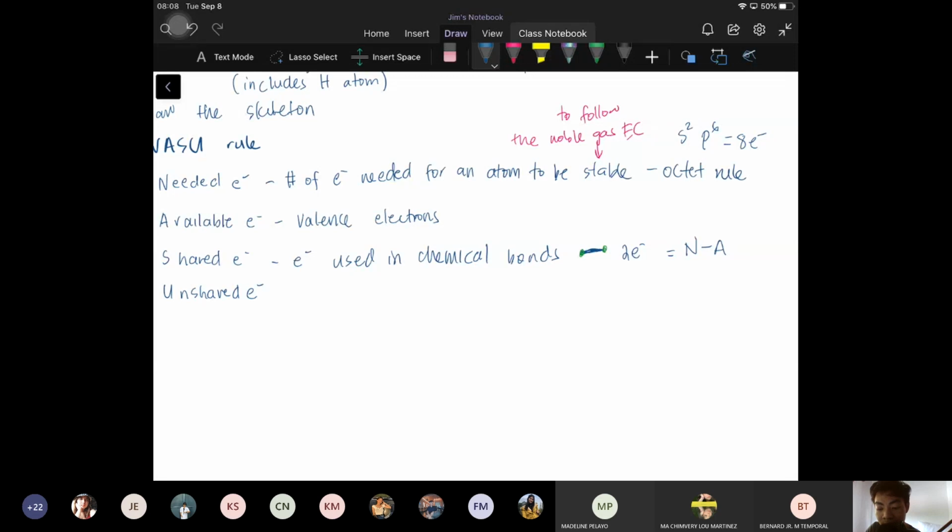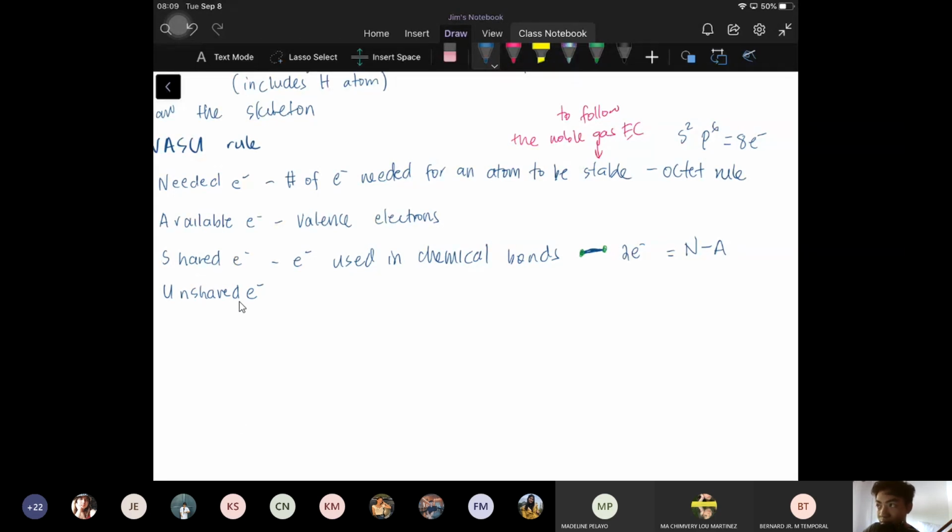By subtracting them, you will get the shared electrons, the number of electrons that will be used to form bonds. If you want to determine how many bonds it can form, you divide the shared electrons by 2, because again, one bond corresponds to 2 electrons. Later, you will see an example of this.